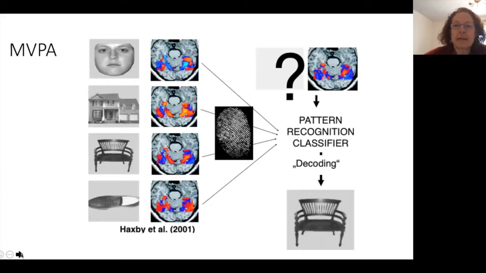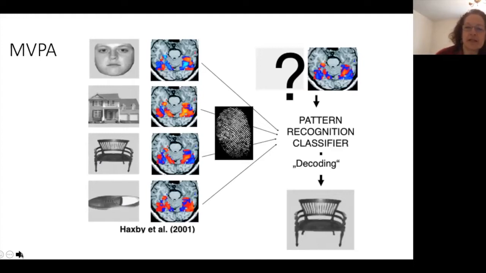But you get overlapping activity in the very same regions of brain tissue, but the patterns that occur for each of these classes of objects differ slightly. And so you can think of these as a sort of signature of the class of objects.